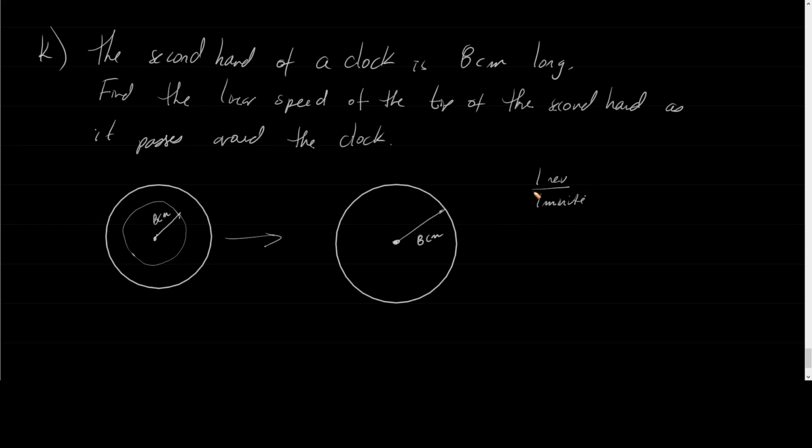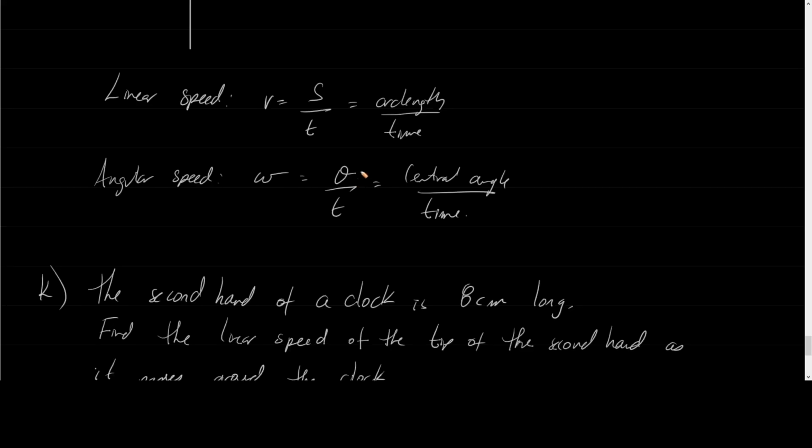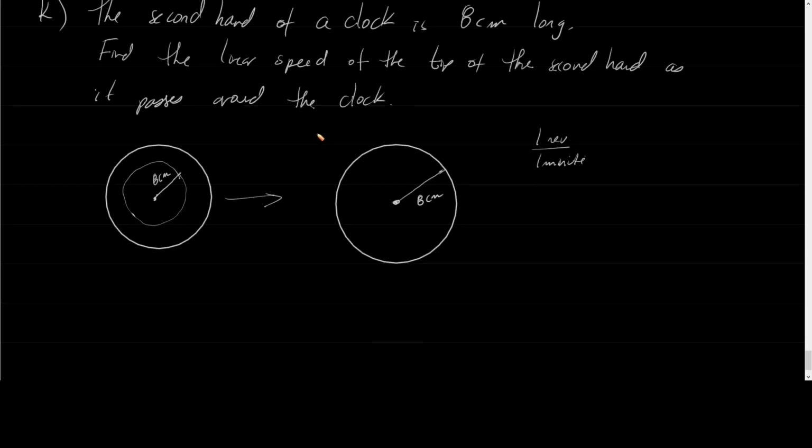Now, what does that mean? We want to figure out the velocity, so we need the arc length over time. The arc length is 1 entire revolution over 1 minute. If we do it per second, this would be for every 60 seconds.